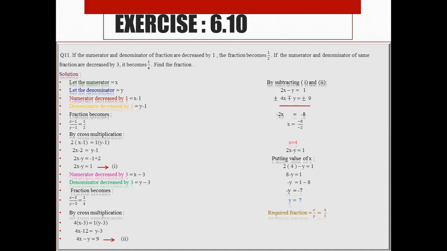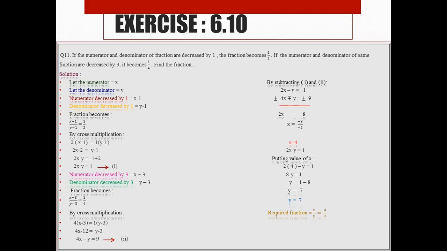Cross multiplication, 2 into x minus 1 is equal to 1 into y minus 1. 2 will go with x minus 1 and y minus 1 comes with 1. Open the brackets, 2x minus 2 is equal to y minus 1. Again, we write the variable on one side and the constant term on the other side. 2x minus y is equal to minus 1 plus 2, which is equal to 1. 2x minus y is equal to 1.